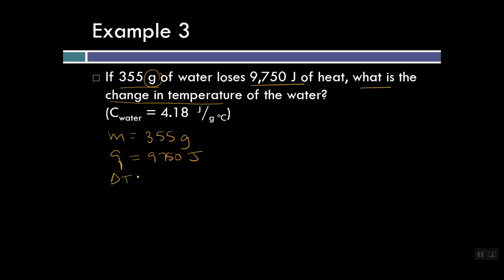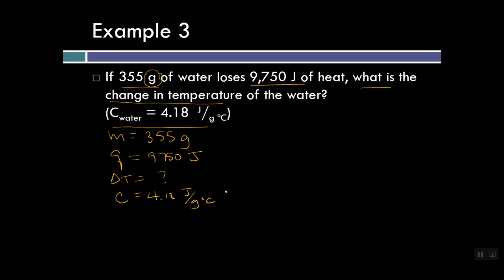So delta T is my unknown. And I'm given the heat capacity of water. Notice it's really big. Water takes a lot of heat. That's why it takes so long to watch it boil.